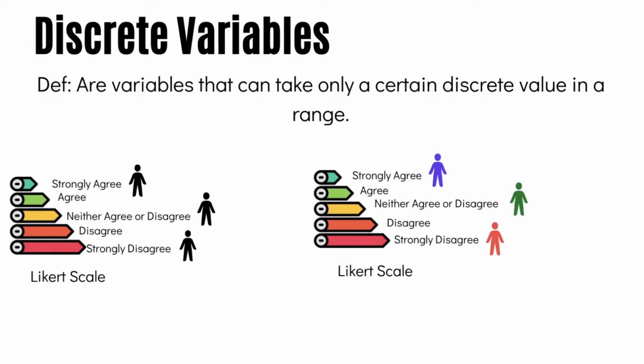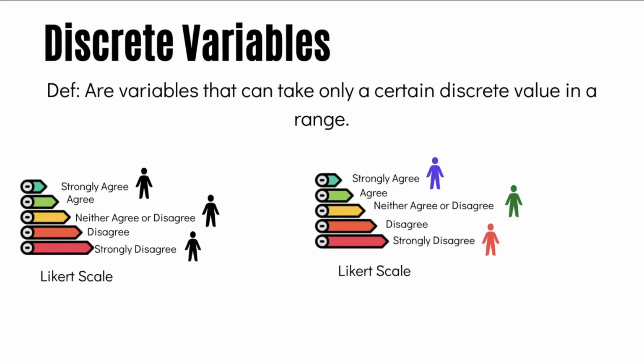Participant A can say strongly agree, B can say neither agree nor disagree, and C could say strongly disagree or disagree, and so on and so forth. Because these responses on the Likert scale can only take certain discrete values over the interval given here, we refer to the responses to the Likert scale as a discrete variable.